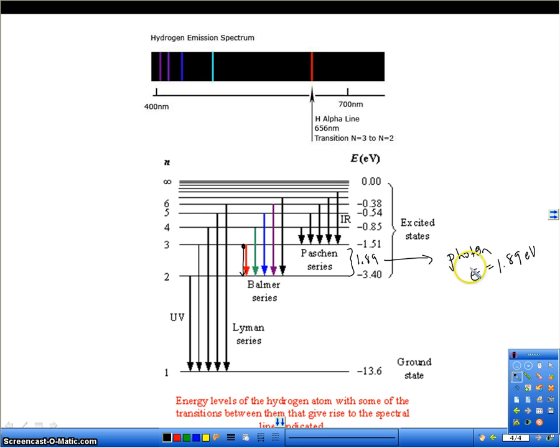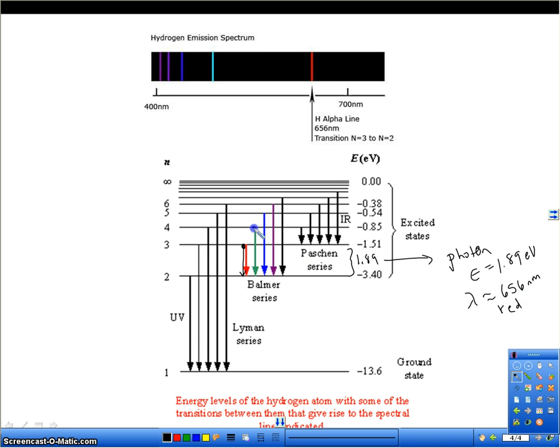It just so happens that a photon with this amount of energy has a wavelength of about 656 nanometers, which is red light. So we would see that as a red line on the spectrum, corresponding to just that wavelength.